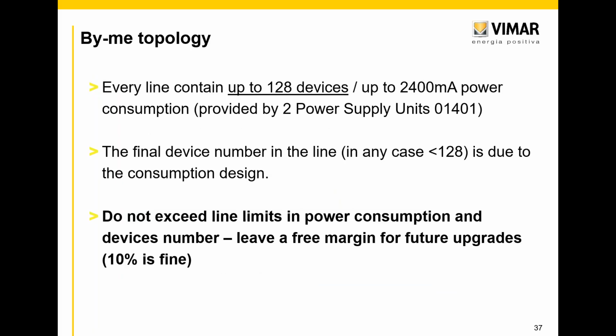What is important is that the final number of every line does not exceed 128 devices. And also, please leave a free margin, because if in the future you have to add some devices and you are at the limit, it will be much more complicated to add devices.